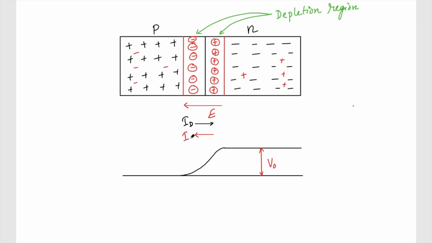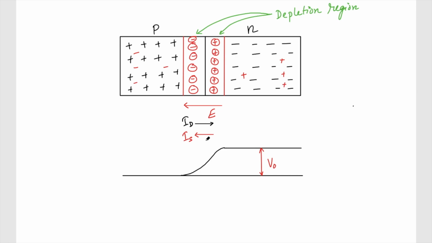Okay, so if you see here, if the holes are moving in this direction, then the current direction is like this. Similarly, if the electrons are moving from P to N, then again the current direction is also like this, because we know that the direction of the current is opposite to the direction of the movement of the electrons. So both of them will lead to the resultant current IS.